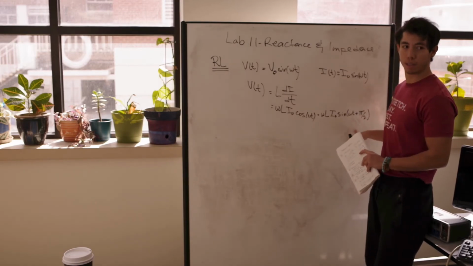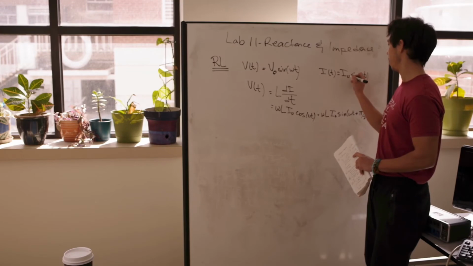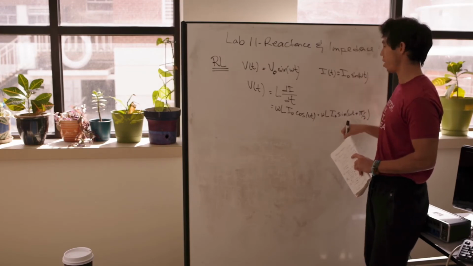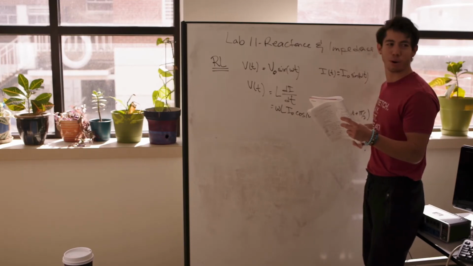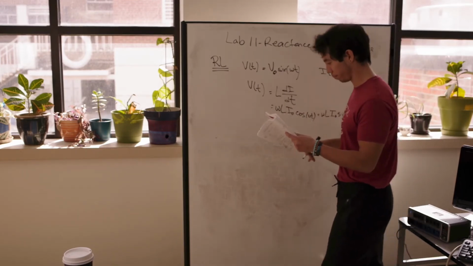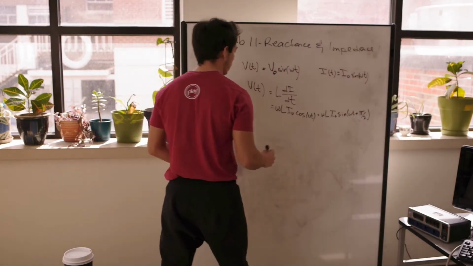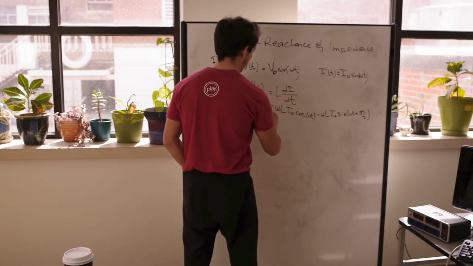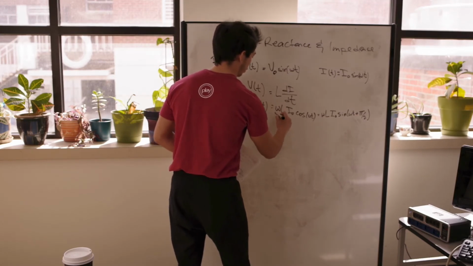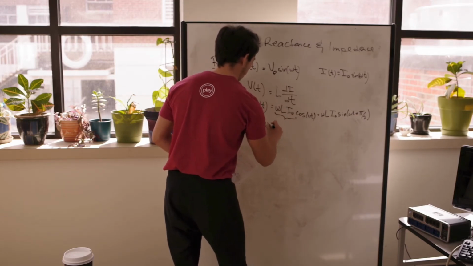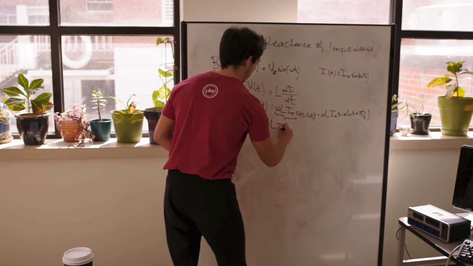This says that the input and output functions are shifted by a quarter wave. There's a quarter wave lag. This describes the time dependence, but when we're just concerned with the amplitude, we can say V0 equals the amplitude here, so that becomes omega L I0.